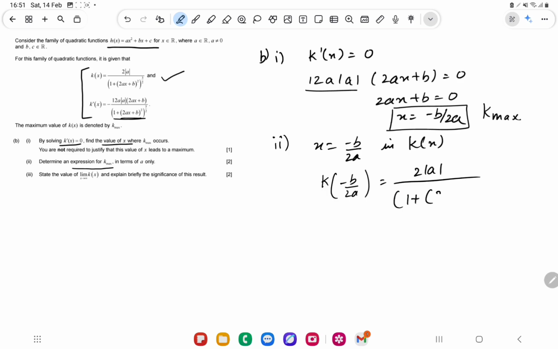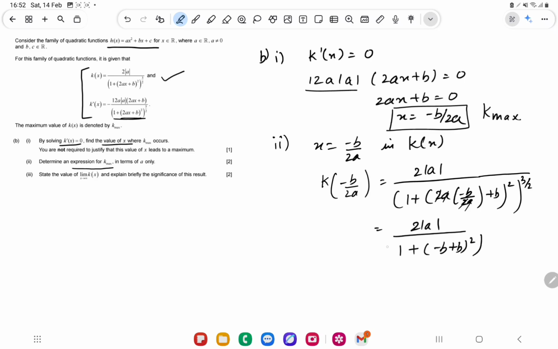Now 1 plus (2a multiplied by minus b by 2a plus b) whole square, to the power 3 by 2. So this will give me 2 modulus a. This a will get cancelled out, 2 will get cancelled out. So I will get 1 plus (minus b plus b) whole square, which is 0, to the power 3 by 2. It means I am getting 2 modulus a as my answer for this k max value.